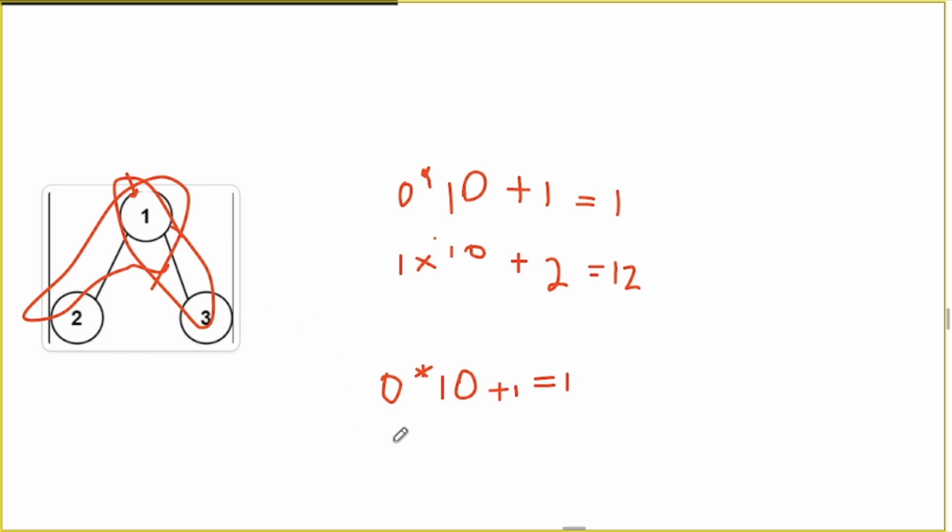Then we multiply the result of the previous one with 10 and add the current node's value, that is 3. We have 13 as the value. So this is how we find the sum from root to leaf. Then if we add both, we get the sum of the nodes from root to leaf.